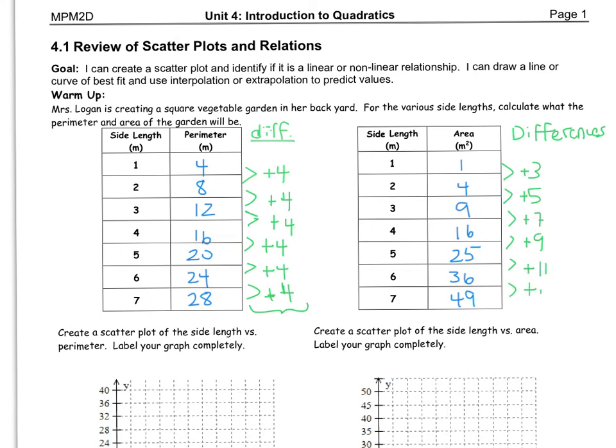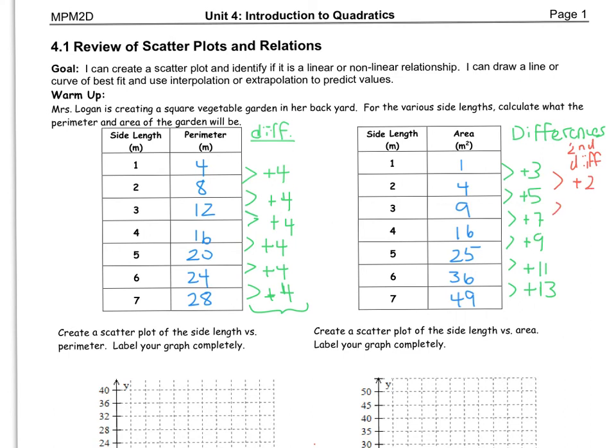And up 13. So they do have a pattern here, and that's an important pattern because what is happening here? We might notice that if I took the differences of the differences, so these are called the second differences, these are all going to give you the same value this time. So to go from 3 to 5, we're going up 2.